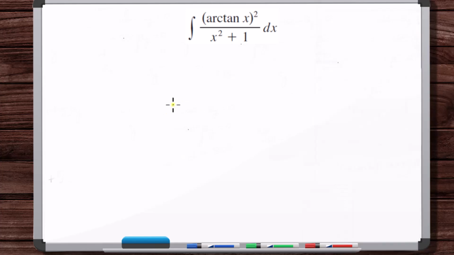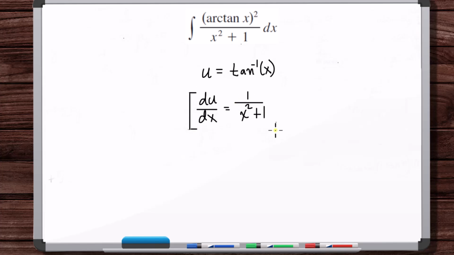Okay, so if we make u equal to arc tangent x, then du dx is equal to 1 over x squared plus 1, and so we've got du is equal to 1 over x squared plus 1 dx, and so there we go.